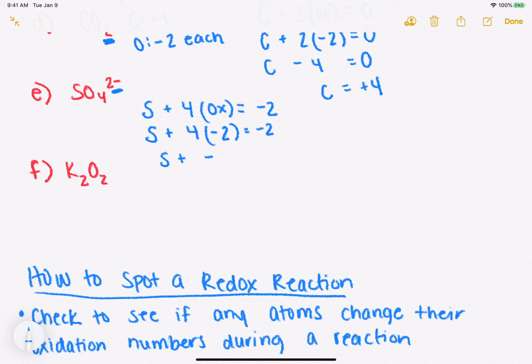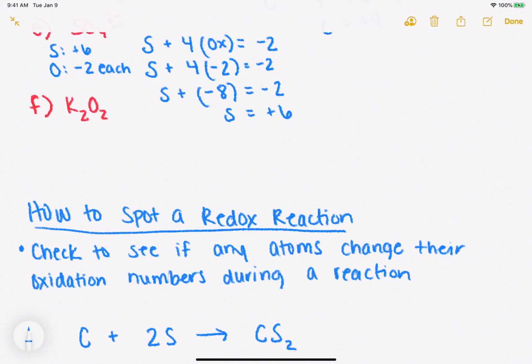So the oxidation state of sulfur plus -8 equals -2. So that means that the oxidation state of sulfur is going to equal +6. So for sulfur, we have +6. For each oxygen, we have -2. Again, we don't want to write -8. That would be incorrect.